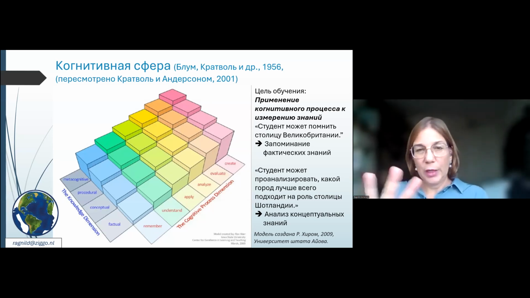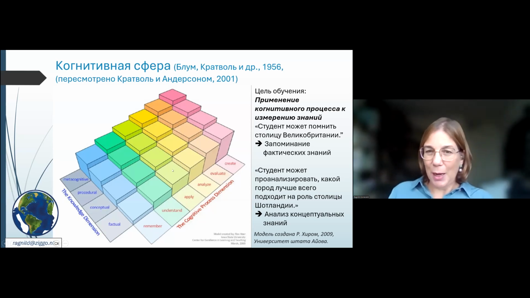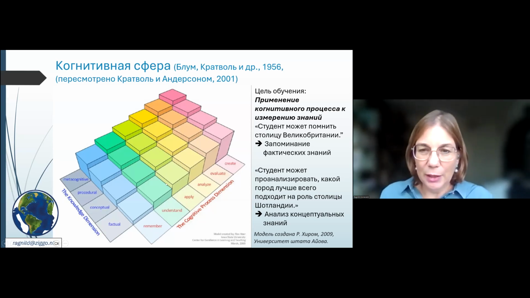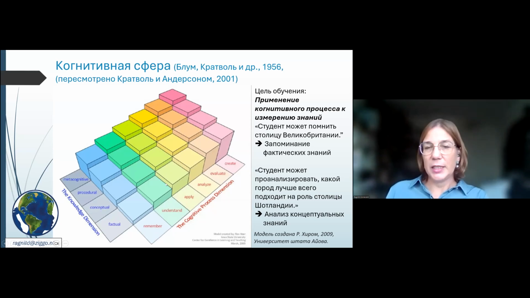And this beautiful picture is not made by me, it's made by somebody from Iowa State University, and it's very illustrative on the increase of complexity and how you can connect those two together. So, looking at my time quickly, going well.